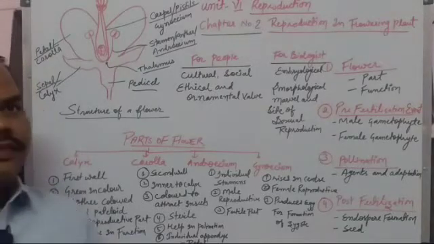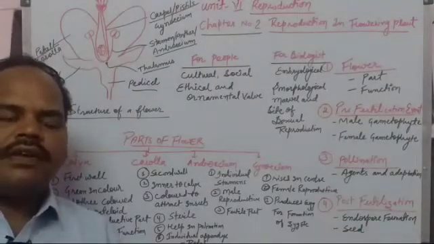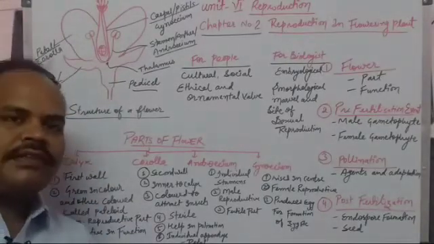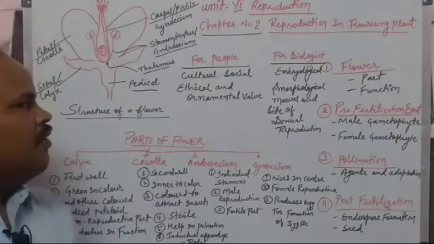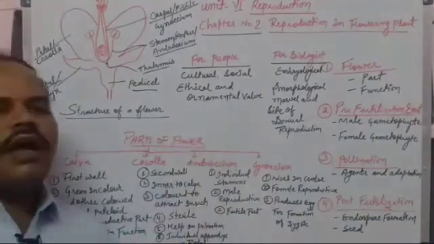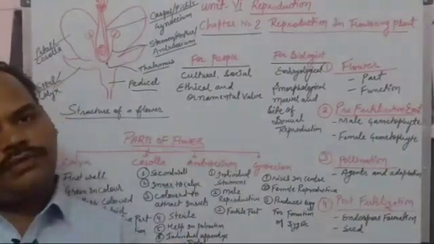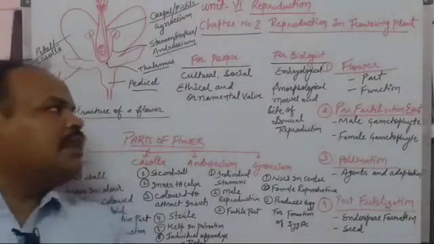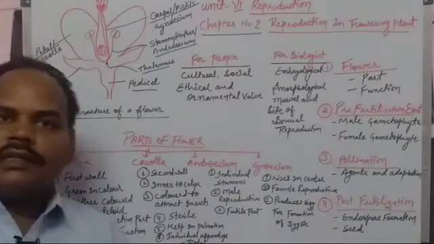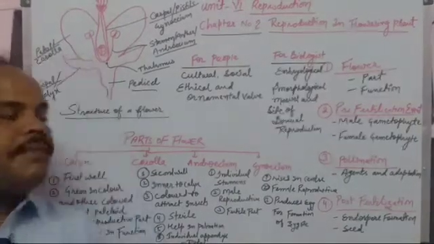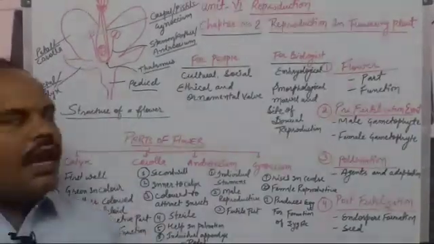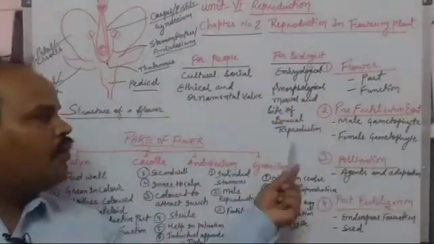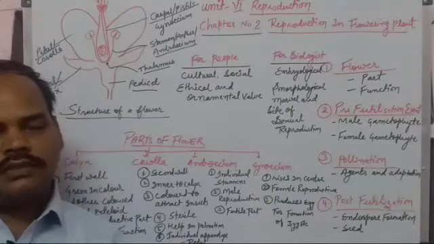So it is a flower. All the people say the flower is also used for social and ornamental values. Now for the biologist, the flower is an embryological and morphological marvel and the site of sexual reproduction.